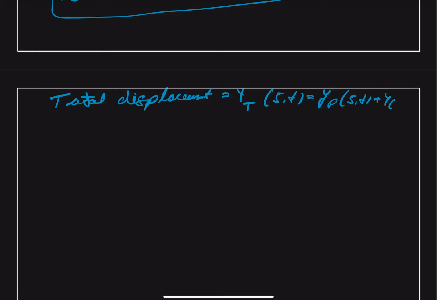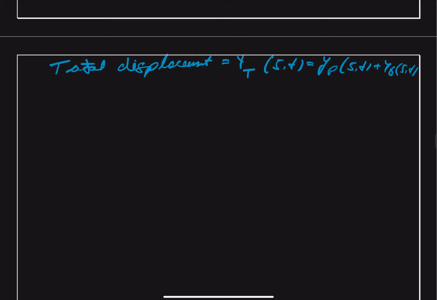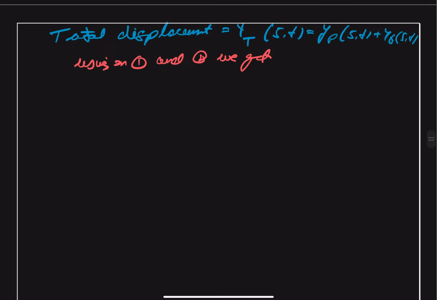So using equations 1 and 2 we substitute here, and we get y_t at 5 comma t will be 2a sine of 0.5 pi t minus a sine of 0.5 pi t.